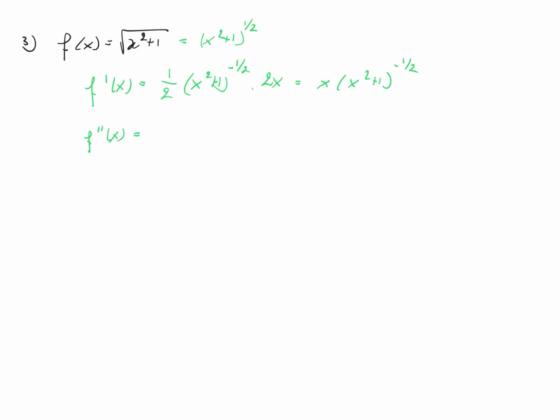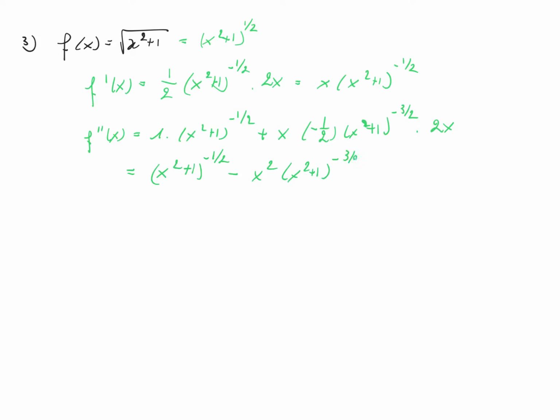We first derive x, so this is 1 times the second part, x squared plus 1 to the power minus 1/2, and then plus x times the derivative of the second part, which is minus 1/2, x squared plus 1 to the power minus 3 over 2 times 2x. This then becomes x squared plus 1 to the power minus 1/2 minus x squared times x squared plus 1 to the power minus 3 over 2.